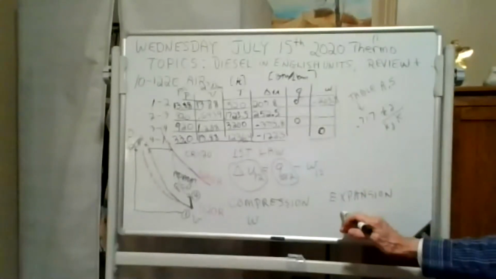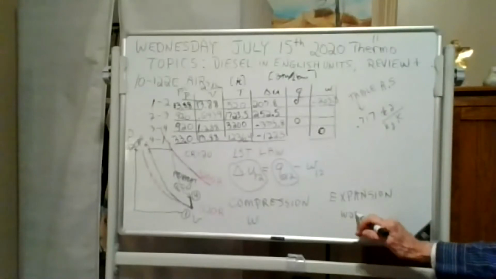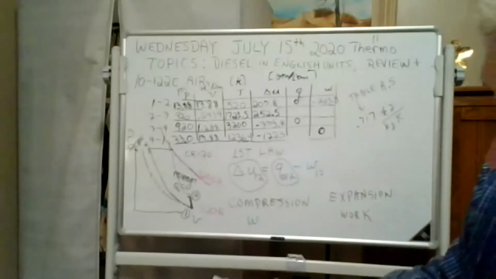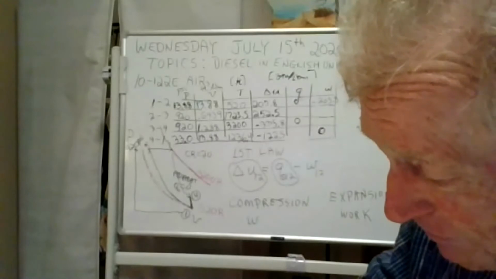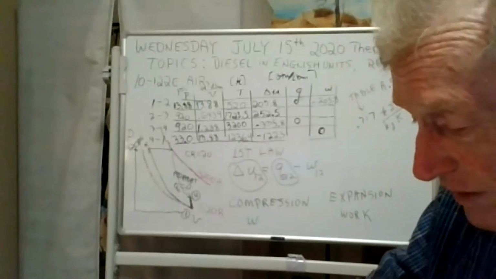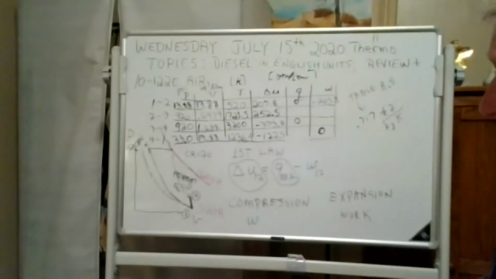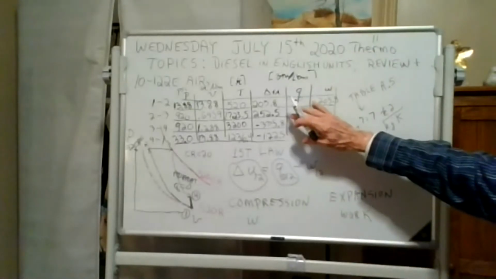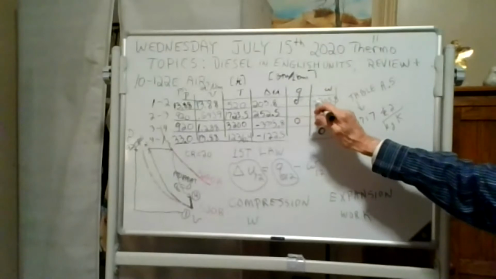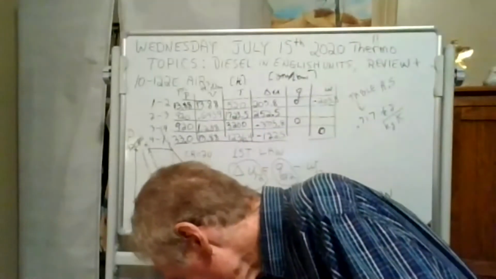Expansion work is what? Positive. It's positive. That's correct. Okay. Well, since Roxana knows it's negative, we're going to put a negative on there. So we're doing great. And now we're going to fill in these other boxes.